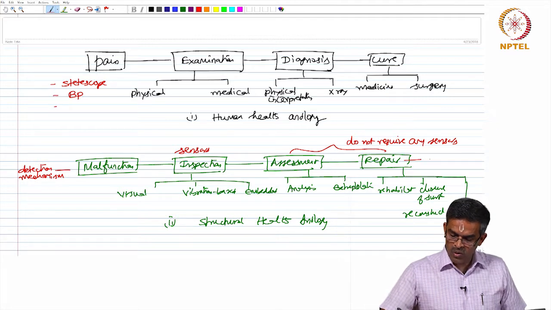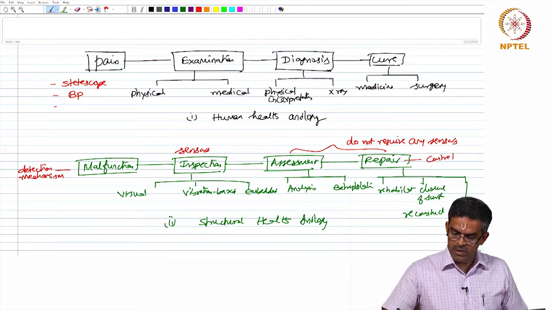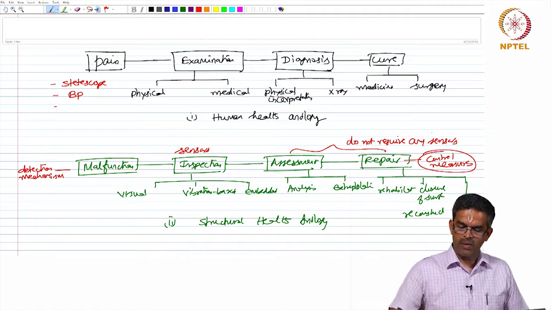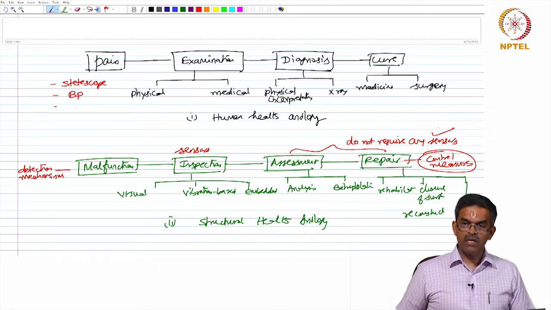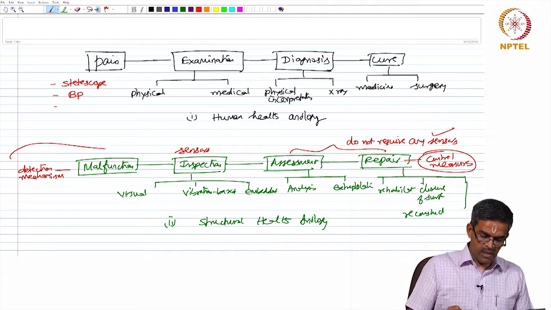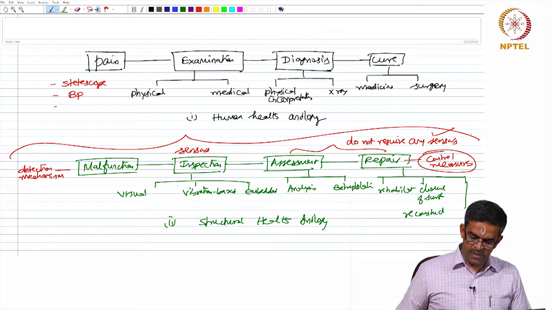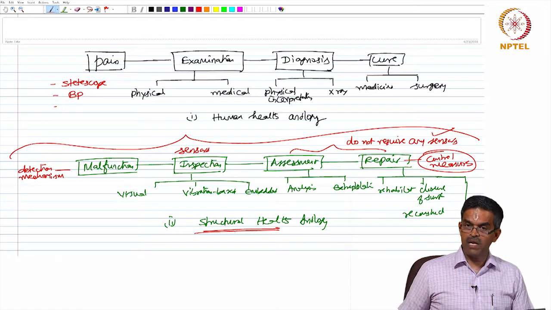If the repair also has some control measures like actuators, etc., then you require sensors here as well. So, one can see here the sensor requirement is through and through present for the entire structural health monitoring system, which is comparable to a human analogy.